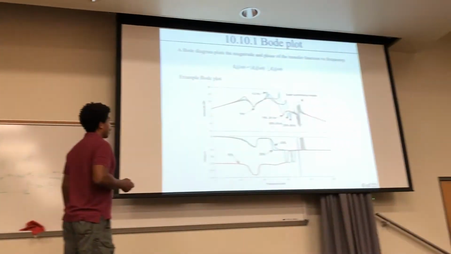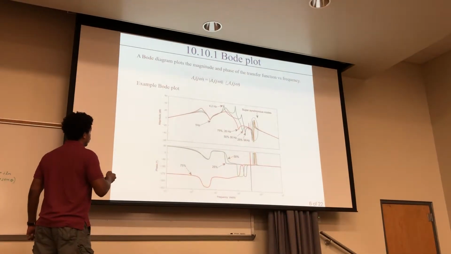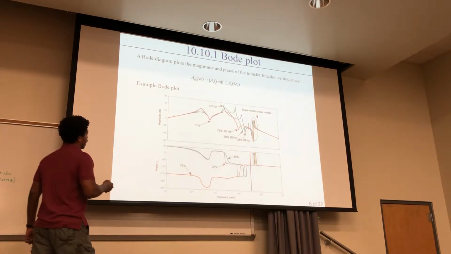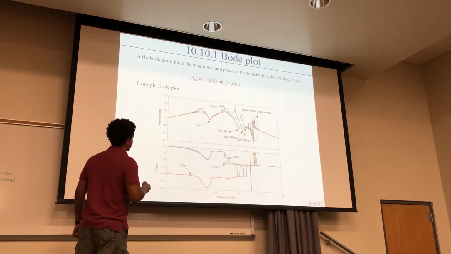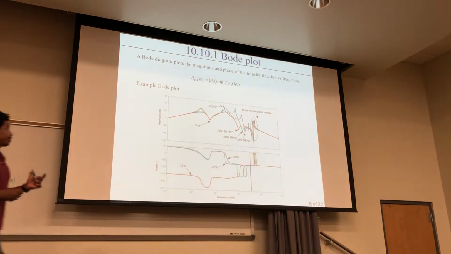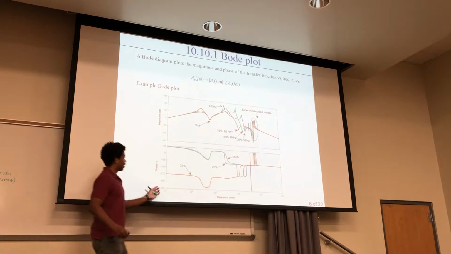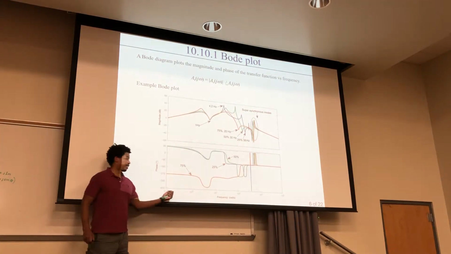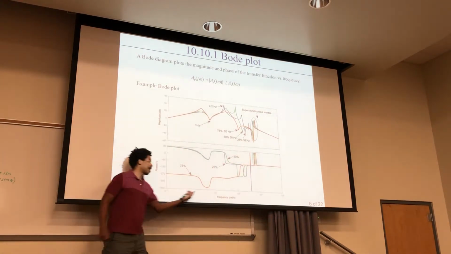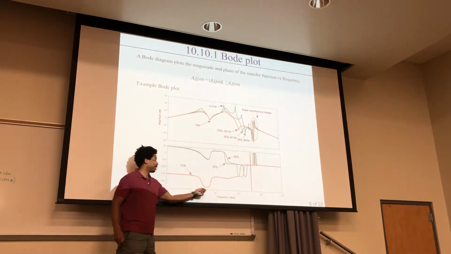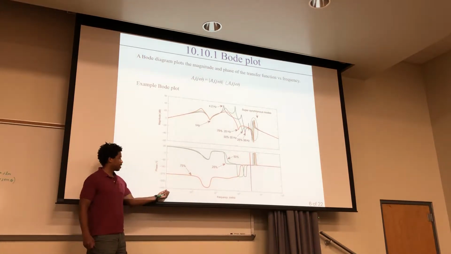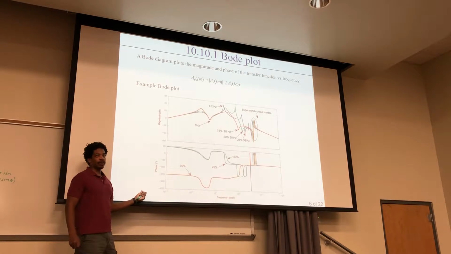So here's an example. Here's magnitude on this axis, and it's typically plotted in terms of decibels. And this log axis right here is your frequency axis. Remember on these frequency diagrams, you never get to zero like you typically do if this were time or x, where you typically get to zero. All that happens is you get smaller and smaller and smaller.